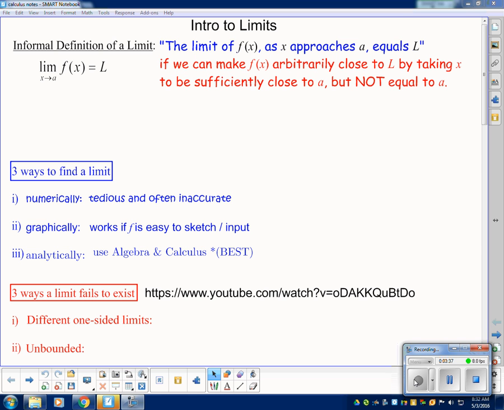And so there's a lot of algebra that can be done to evaluate limits, and that's what we're going to focus on, the algebra, or analytic methods using algebra. There are some methods in calculus that you'll be introduced to next year for evaluating limits as well. We're going to focus on the algebra ones.